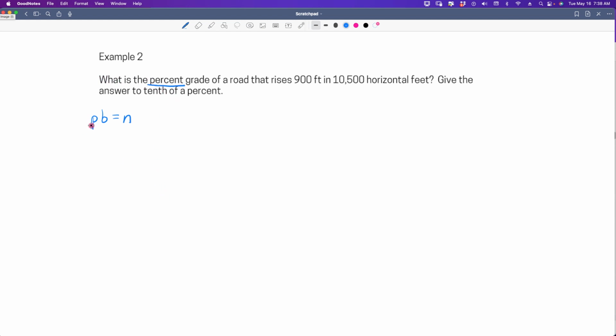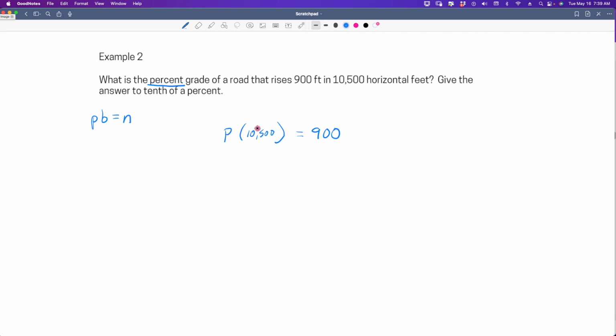So we leave the P in the equation and we look for the rest of the problem. So our rise is 900 feet. That's going to be our number. This is going to be our base. So 10,500 is the base, and it rises 900 feet in this amount of space.